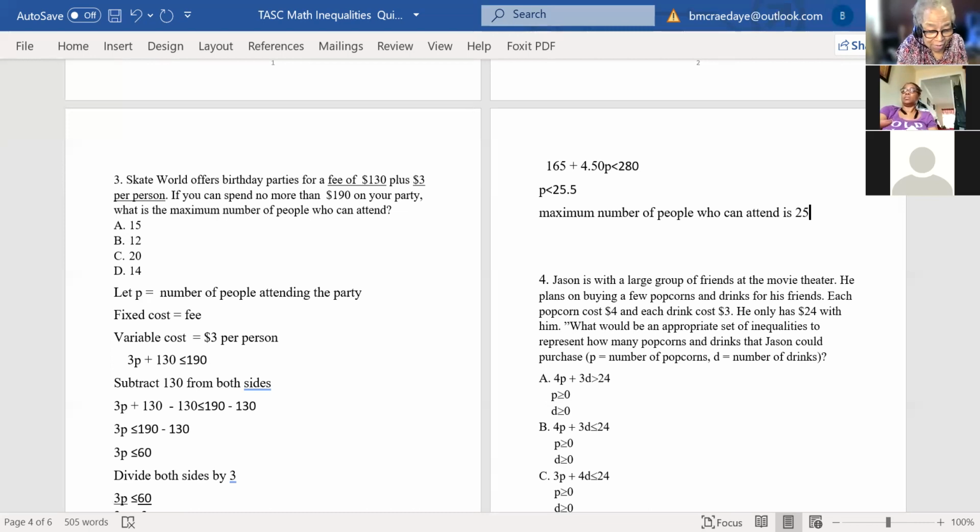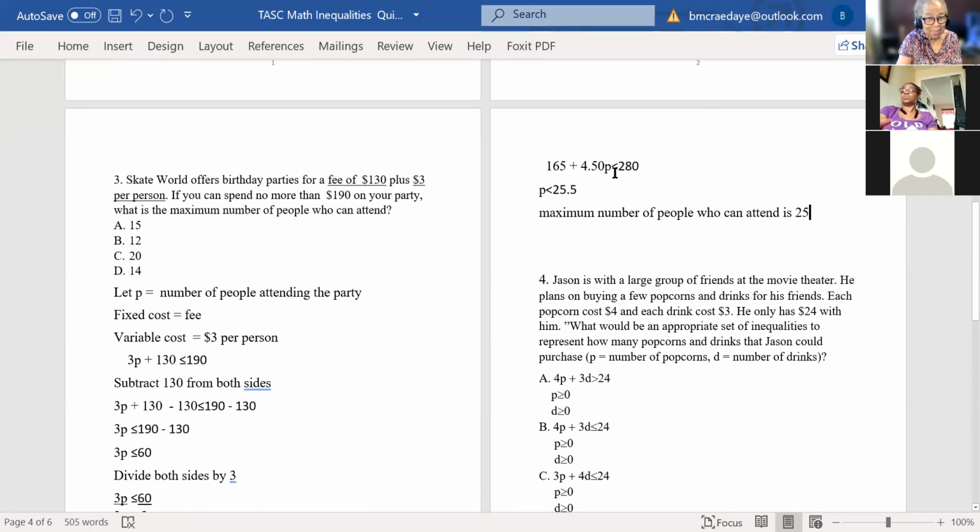You're probably going to get something like 282. It's going to be bigger than 280, so you know it can't be 26. Remember when you round down and when you round up. In this case you don't round up, because you'd be bigger than 280, and this says less than.